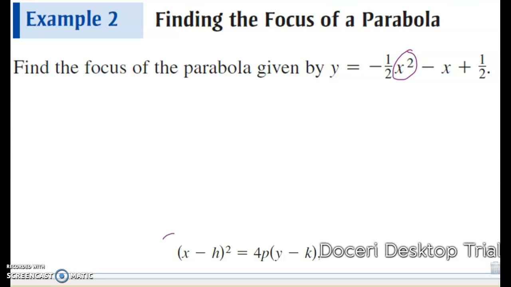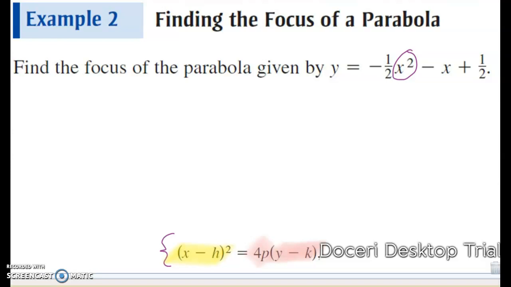Moreover, we're going to be using the standard form of this parabola. So what we need to do is come up with this expression on the left hand side, move everything else over, and then factor out whatever's in front of y from the y and the k.